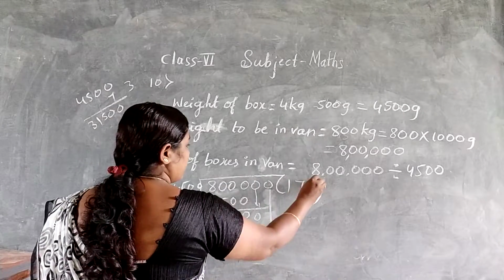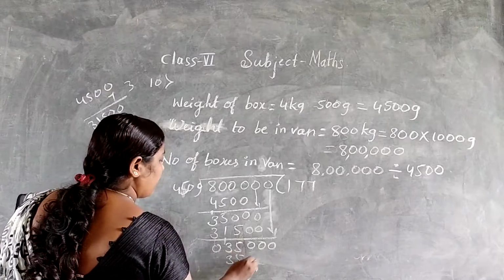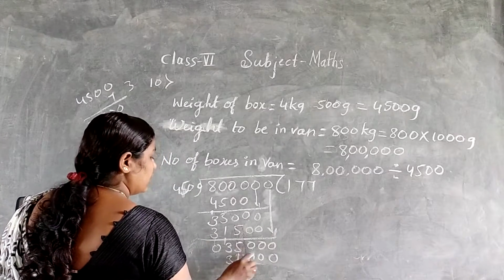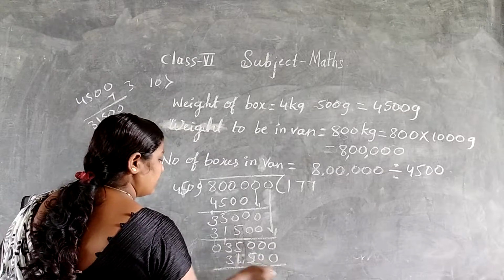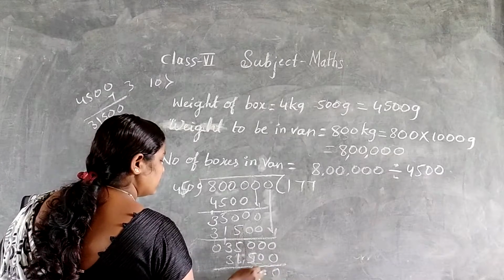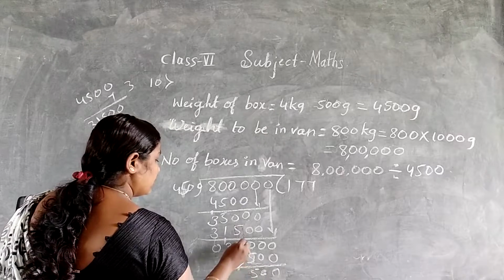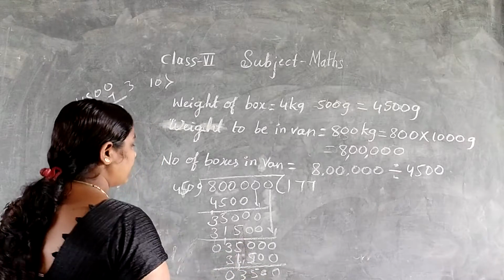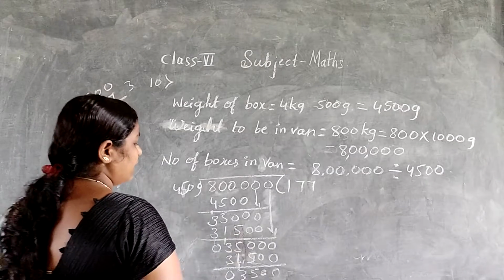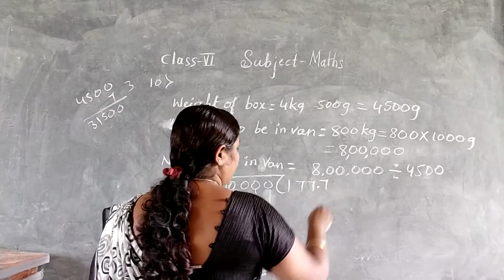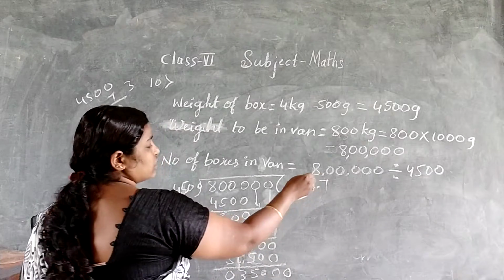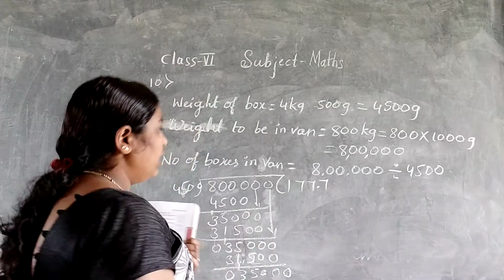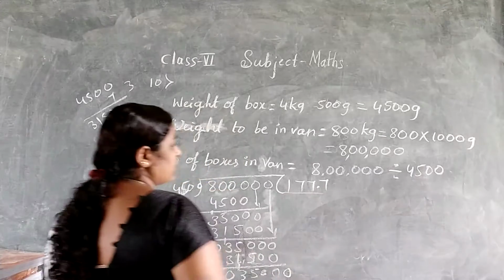So 7s are 31,500 again. 5 minus 2, 3, and 3,500 will be the remainder. If we continue again, it will become 177.7, so we take 177.